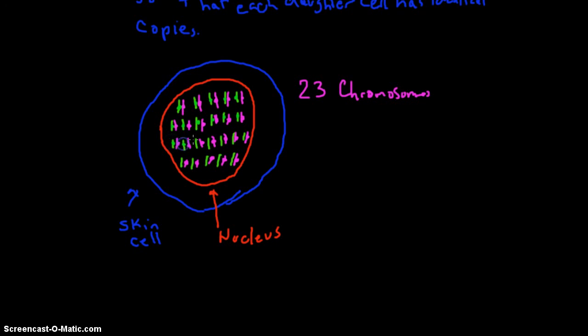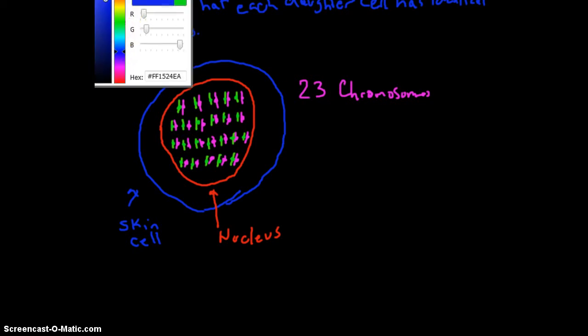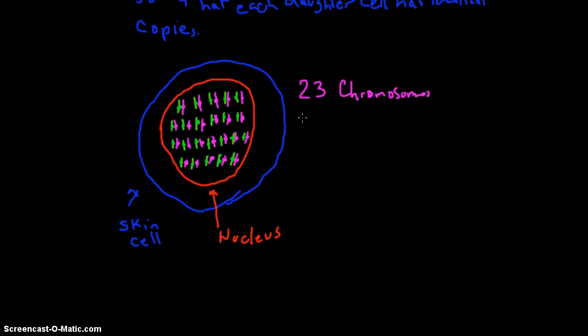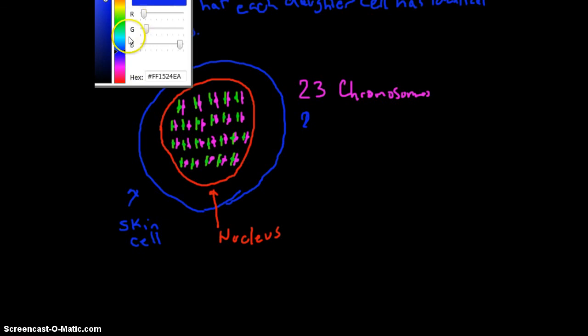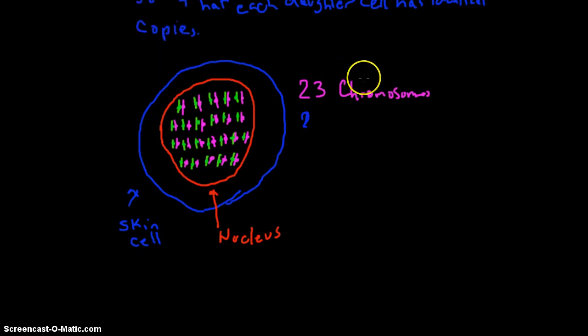So if we count each circle, or each centromere, these are supposed to be circles, we have 23 chromosomes. I'm sorry, that's not 23 pairs of chromosomes, I meant we start off with 46 chromosomes.